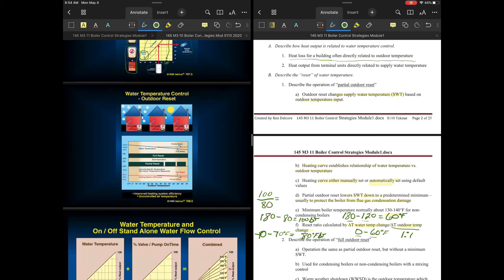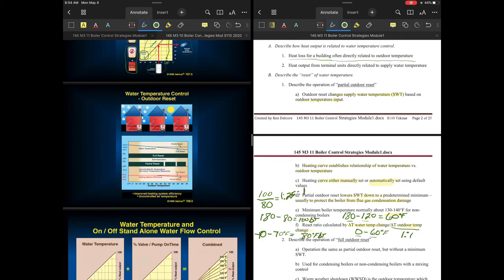So now my reset ratio, what I want to describe to you is this. We're going to take the change in water temp, in this case 100, and divide that by the 80. That gives us what we call this ratio of X amount to 1.